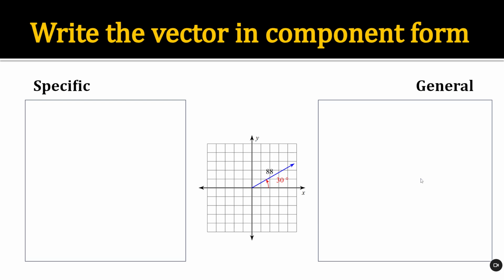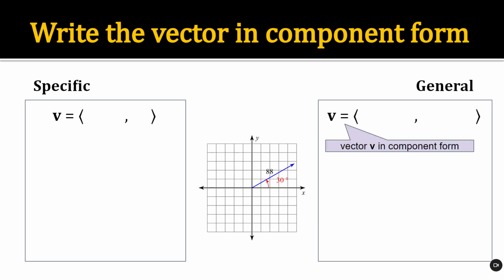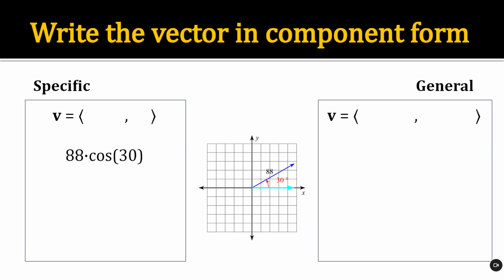Let's get started. So for the specific problem, to find the vector components, I set up vector v is going to have some components, this and that. Well, you're going to do the same. Vector v in component form. What I did for this problem, to find the horizontal, I did 88 times cosine of 30. So generally, what are we doing?